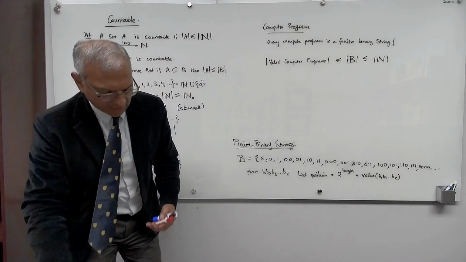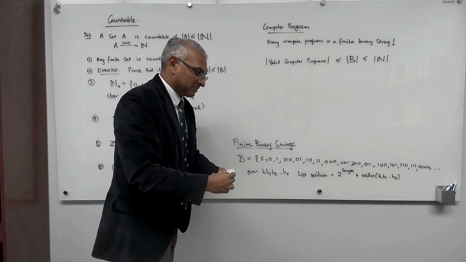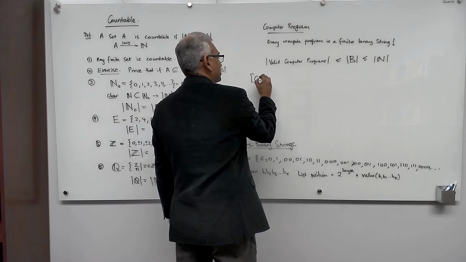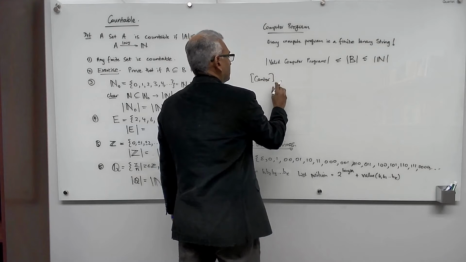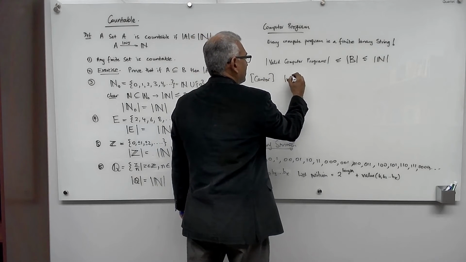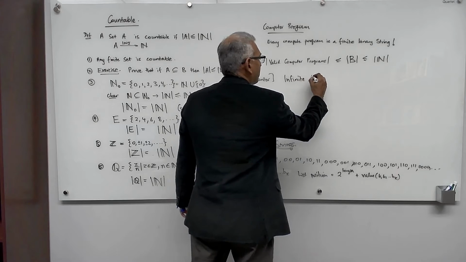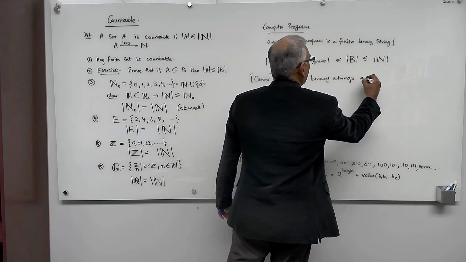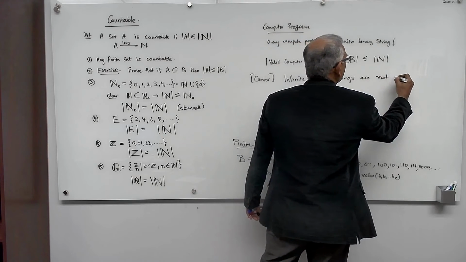I'll call it Cantor's theorem, although there's another theorem named after Cantor. That's how many things he did. So I'll say due to Cantor: infinite binary strings are not countable.